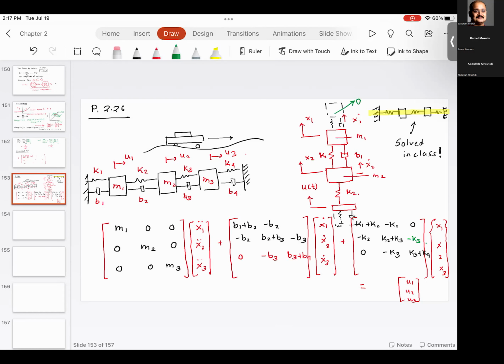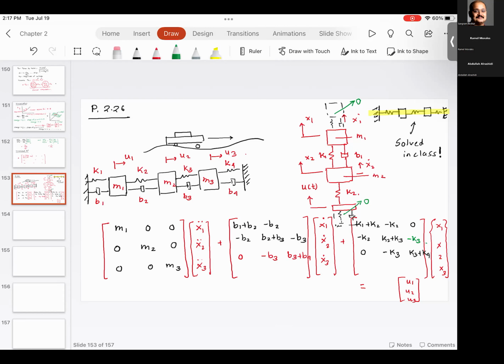So what you will have is M1 and M2, M3 becomes 0, and then substitute the appropriate values of B1, B2, and B3.